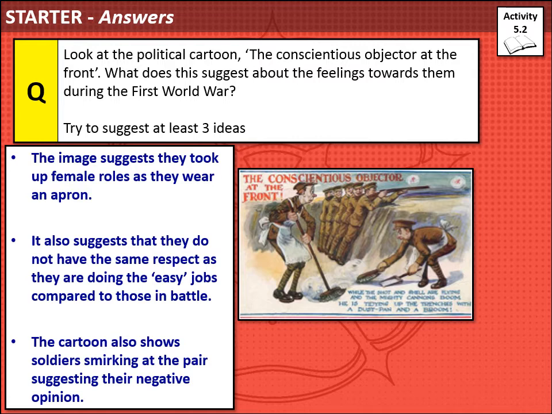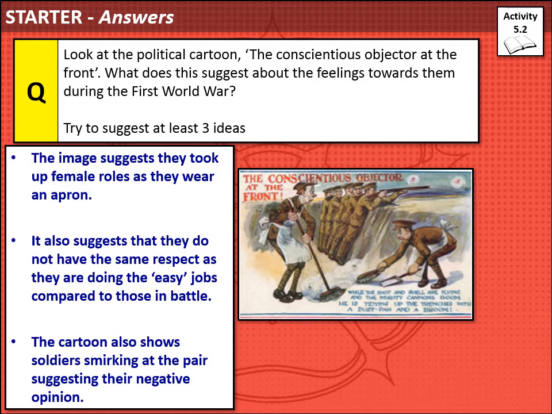It also suggests that they do not have the same respect, as they are doing the easier jobs compared to those in battle. And that is highlighted by the fact that the soldiers are in the background ready to fight. You can see that one is holding a rifle aiming at the enemy, okay?